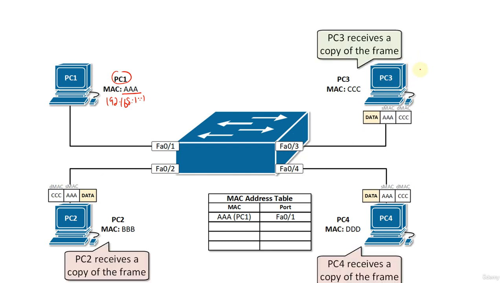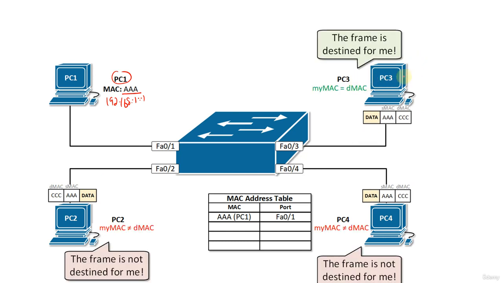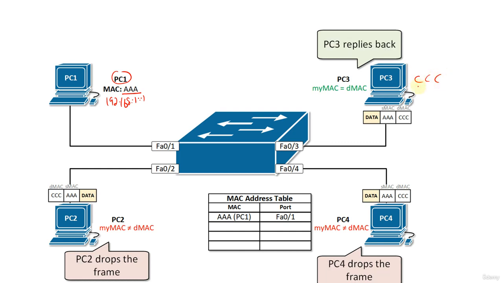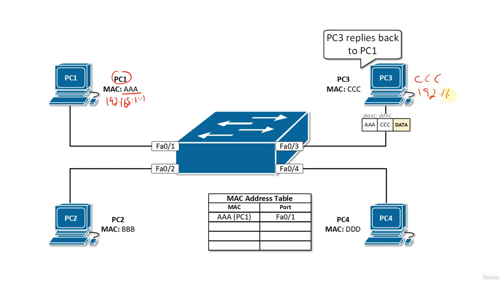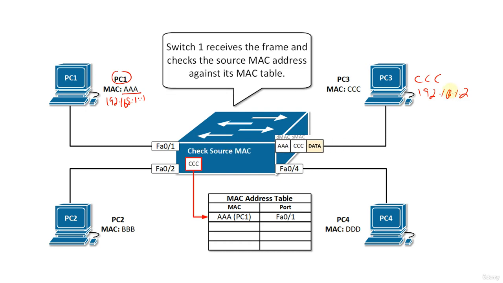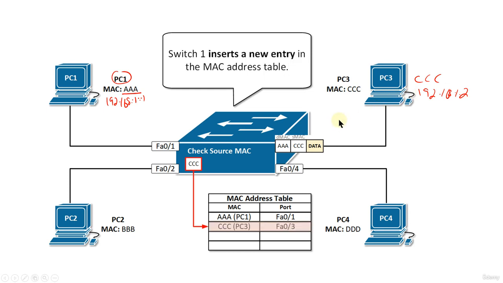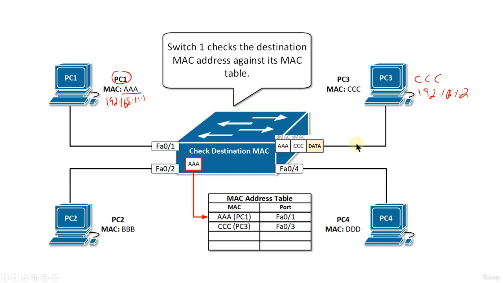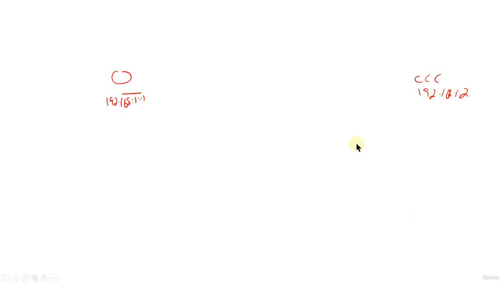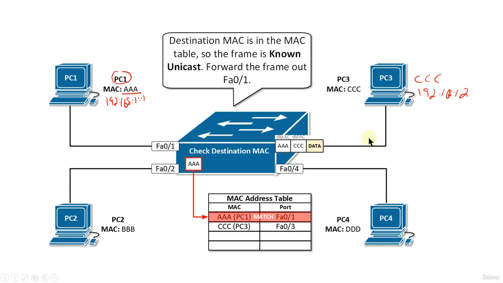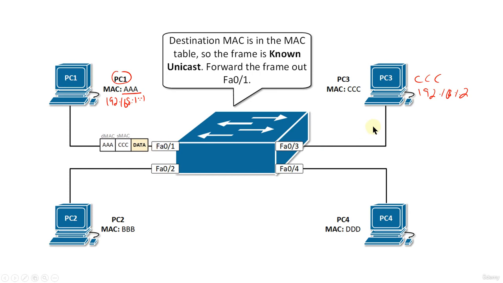PC3 has MAC address CCC with the IP address 192.168.1.2. Let me show you what happens. Let the animation finish first.